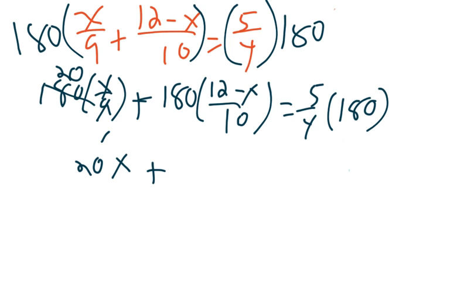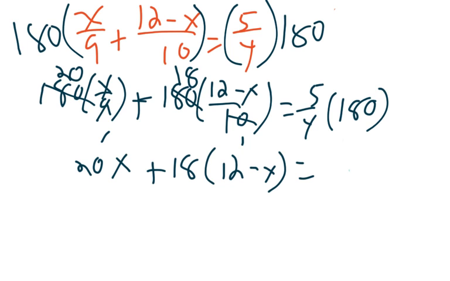We know that 10 goes into 180 18 times, so that's going to be 18 times (12 minus x). And then 5/4 times 180, well, we know that 4 goes into 180 45 times, and 5 times 45 is going to give us 225.